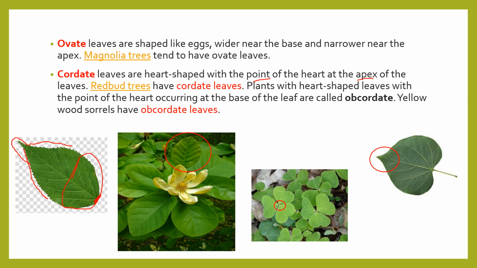Cordate leaves are shaped like a heart with the point at the apex of the blade. In the other situation, the blade is also heart shaped, but the point of the heart is at the base of the blade. It's called obcordate.